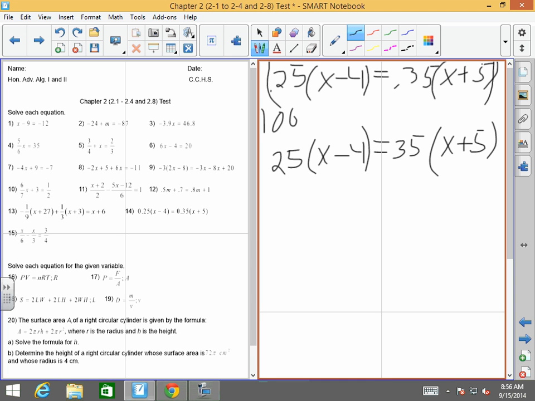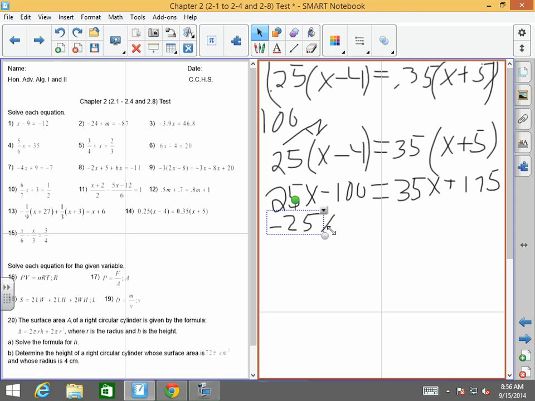Now, I'm going to have to distribute the 25. So I've got 25x minus 100 equals 35x plus 5 times 35 is 175. Now, I'm going to subtract 25x to both sides.